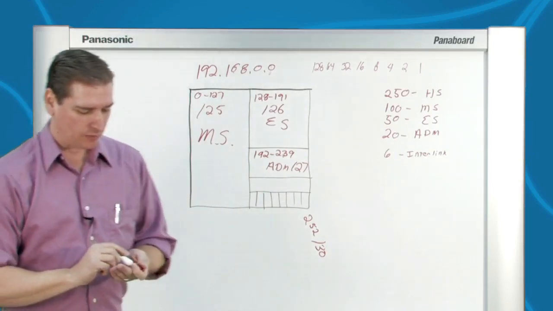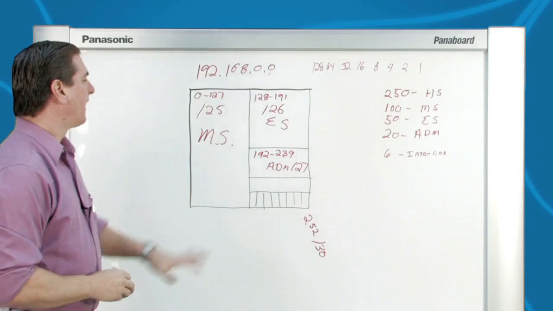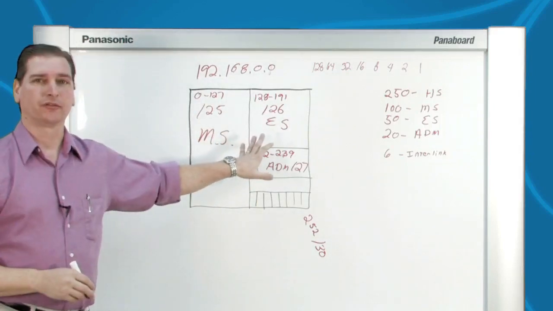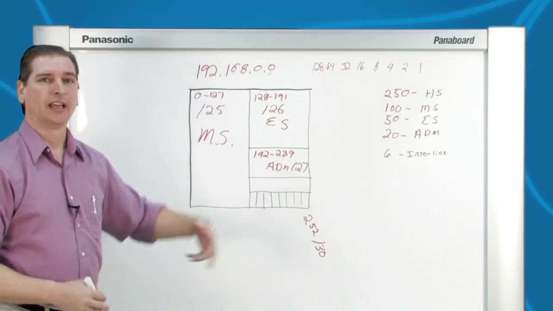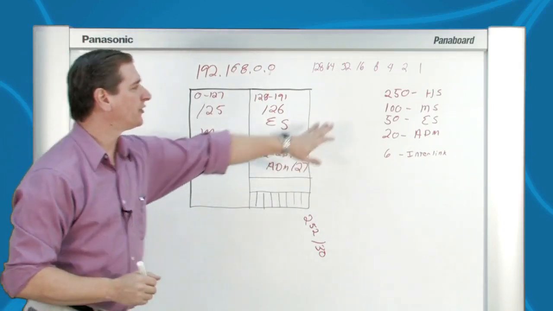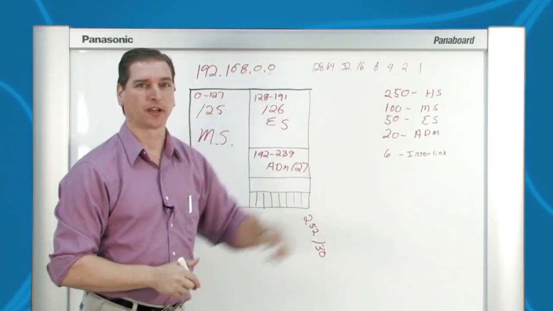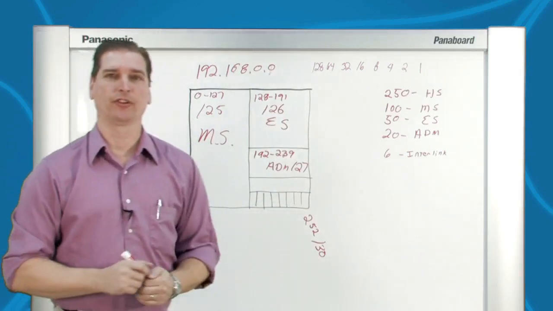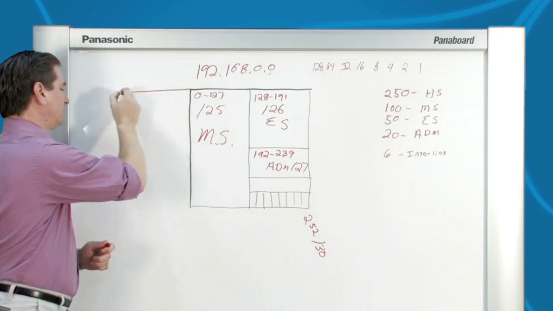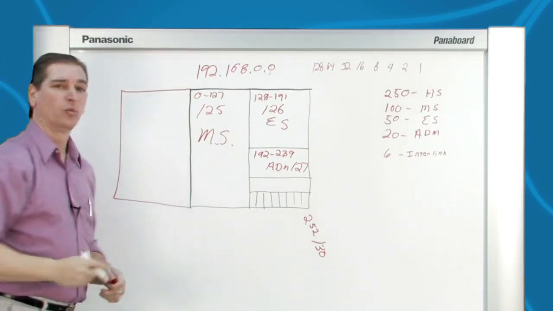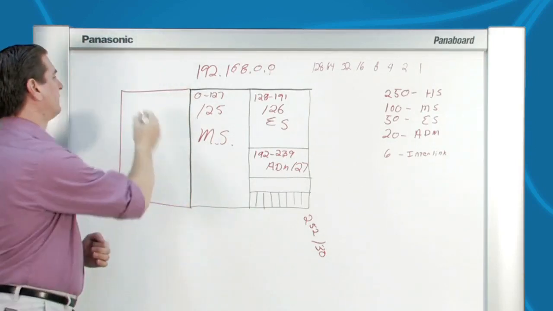Now, we've looked at the VLSM. We've worked the bits in order to get our subnet masks, and we've allocated our space. We don't have the job done yet. We still need to deal with our high school, okay? Our high school requires 250 hosts out there. So, we add a whole other space.